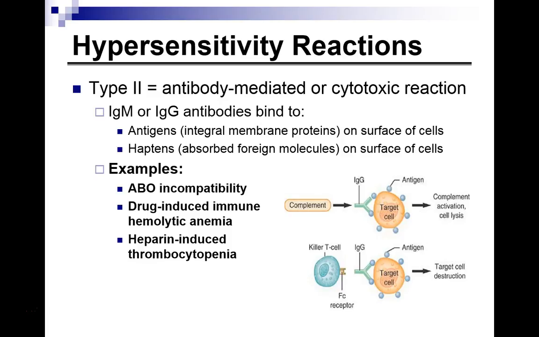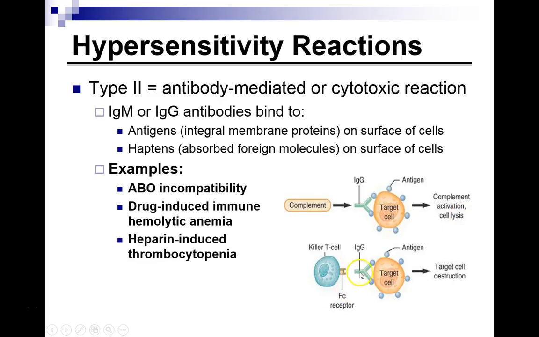In a type 2 hypersensitivity reaction, this is considered an antibody-mediated or a cytotoxic reaction. This is mediated by IgM or IgG antibodies, which bind to antigens on the surface of cells, or haptens, which have been absorbed into and are presented on the surface of cells. Here we see an example of complement, leading to IgG, which binds to antigens on a target cell, and this leads to complement activation and lysis of the cell.